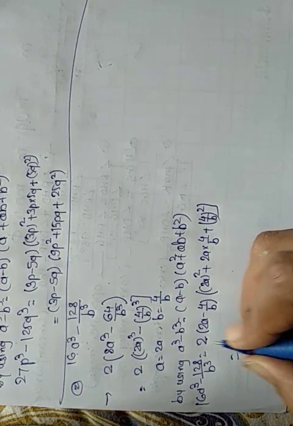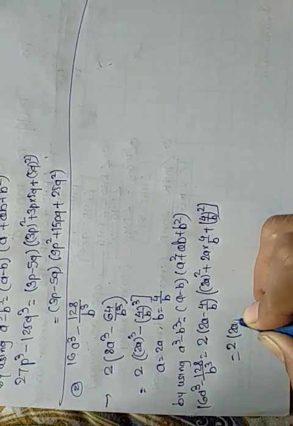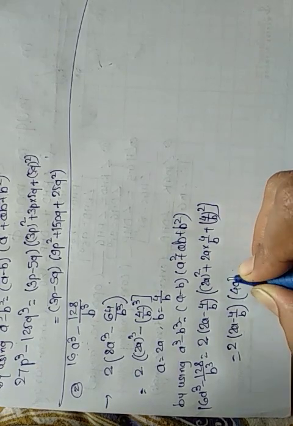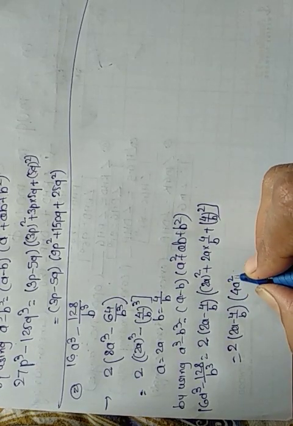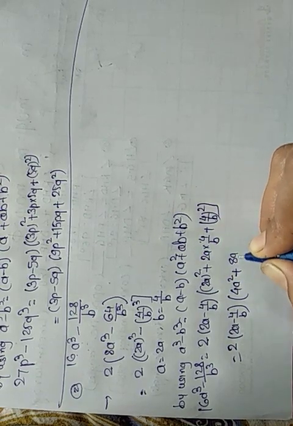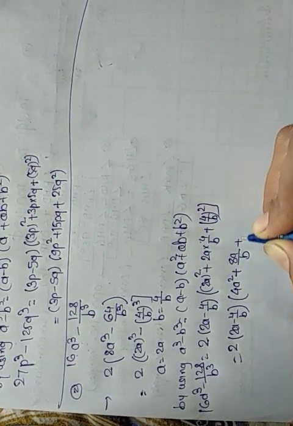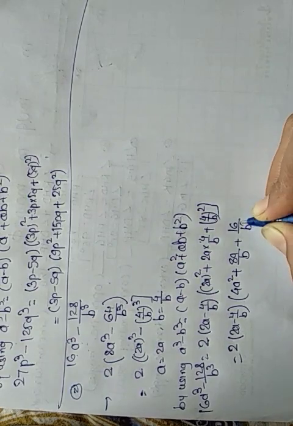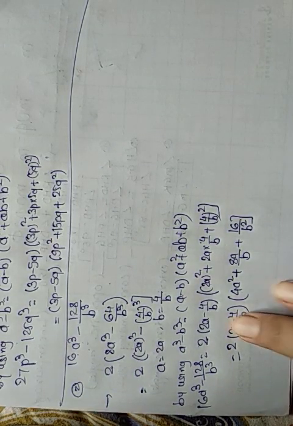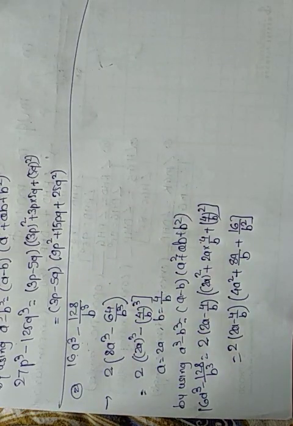So the answer is 2 into (2a minus 4b) into (4a square plus 8ab plus 16b square). This is the answer, the factors of 16a cube minus 128b cube.